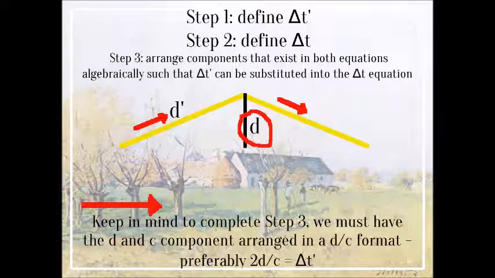We also have to keep in mind that when we author our delta t equation, the d and c components are arranged such that the d is divided by c. Preferably we have a 2d divided by c, but we'll see what happens. And that way we can substitute in our delta t prime and have both a delta t and a delta t prime in the final equation, allowing us to compare and contrast the time it takes for particular events to occur from two vantage points.